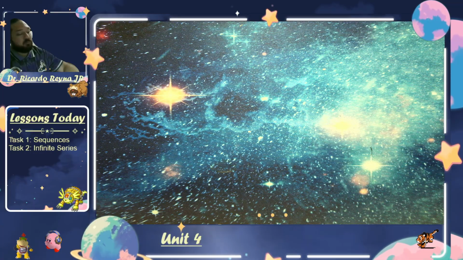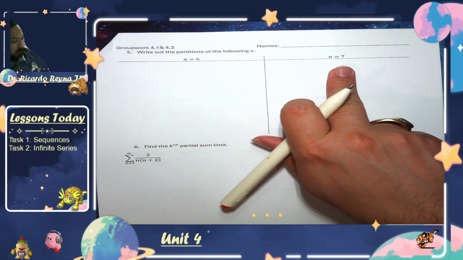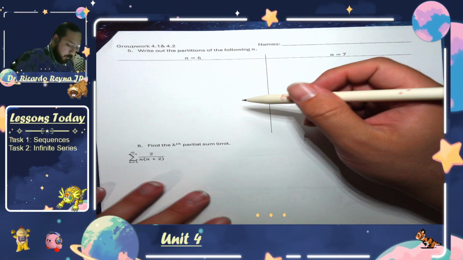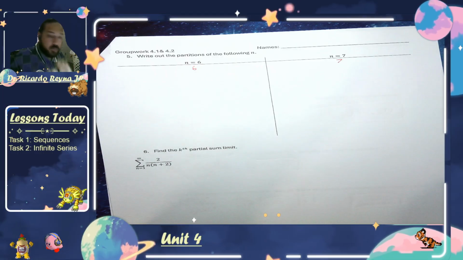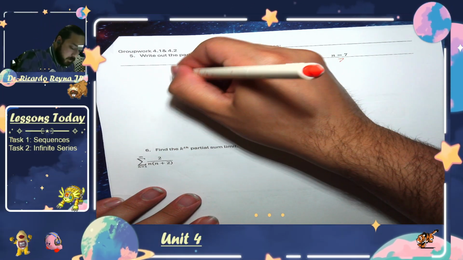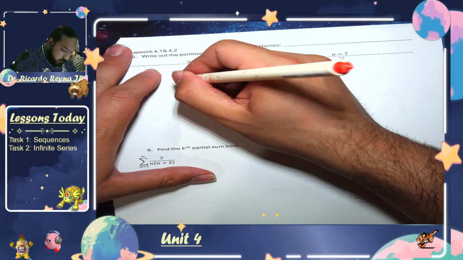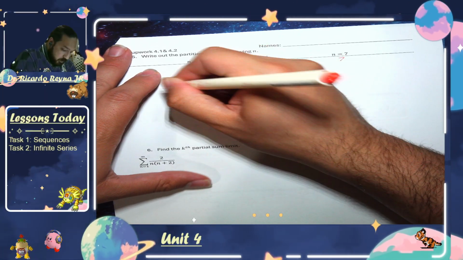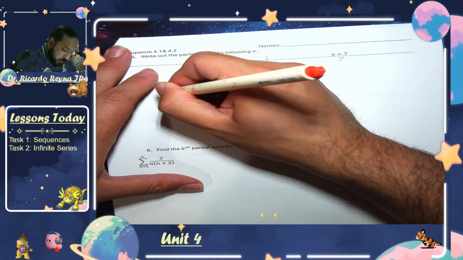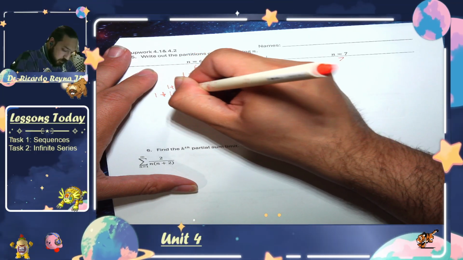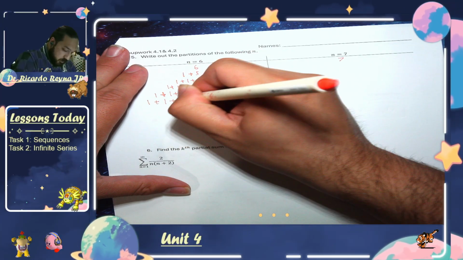All right, next, write the partitions of the following n: n equal to 6 and n equal to 7. I'm going to start with the easy ones, just 6 and 7. Then let's take a 1 out and see how many 1s we can take out. So 1 plus 5, 1 plus 1 plus 4, 1 plus 1 plus 1 plus 3, 1 plus 1 plus 1 plus 1 plus 2, and 1 plus 1 plus 1 plus 1 plus 1 plus 1.